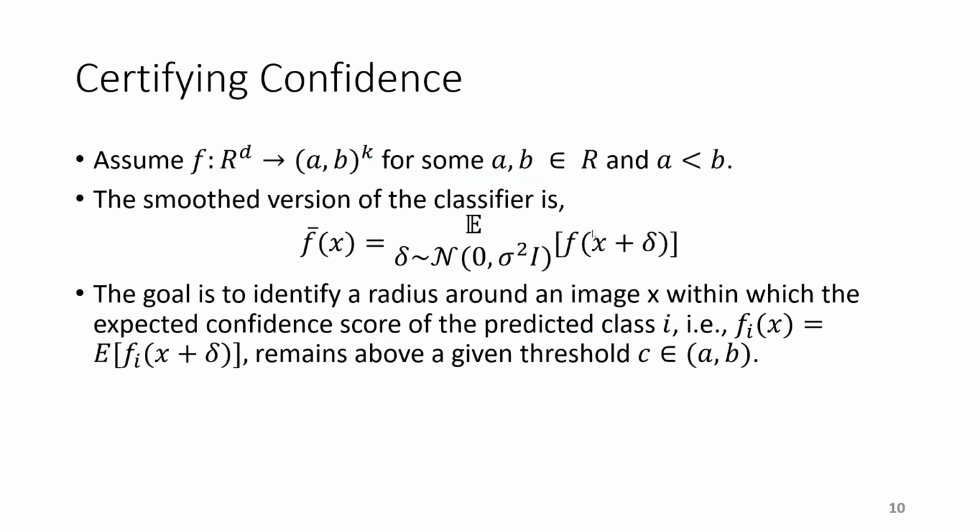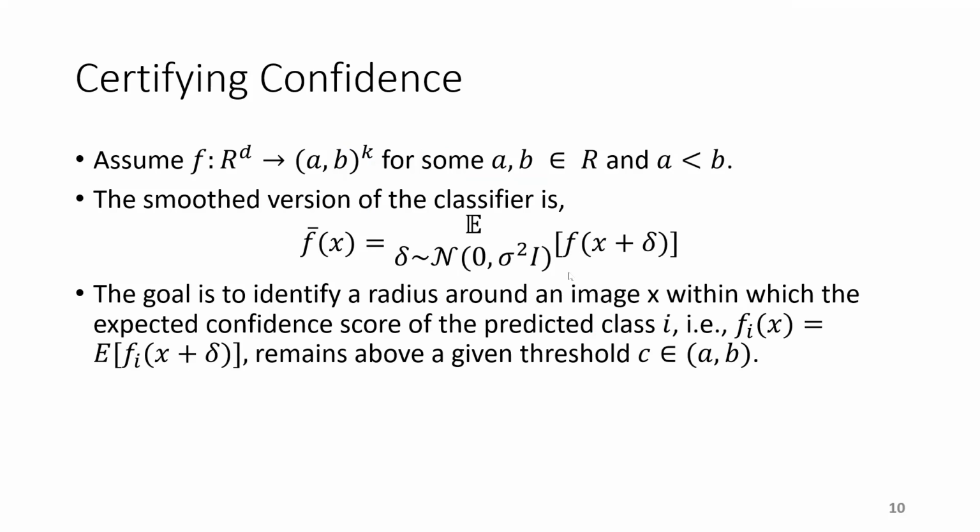Okay, for certifying confidence, the smooth classifier is now defined as the expectation over the base classifier. This is different from the previous randomized smoothing, which applied argmax of the base classifier.